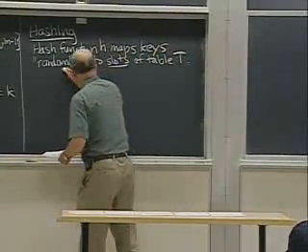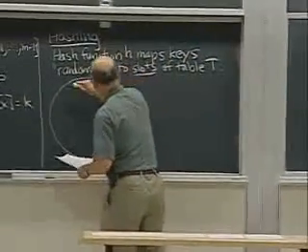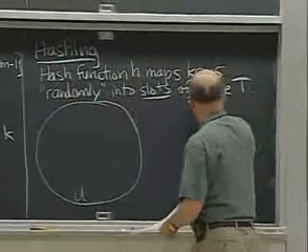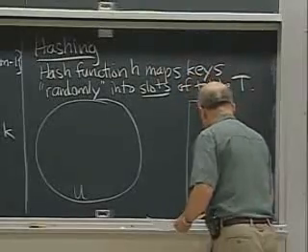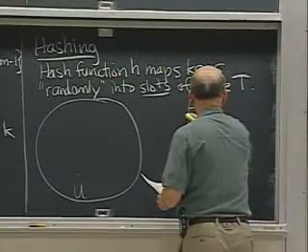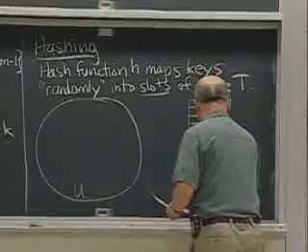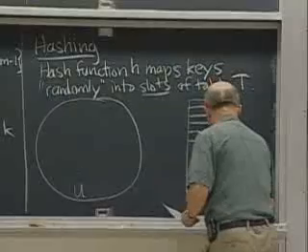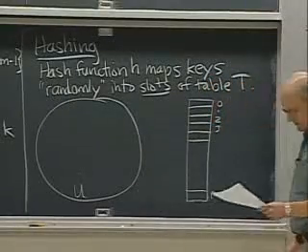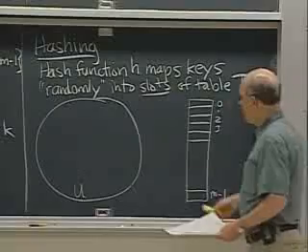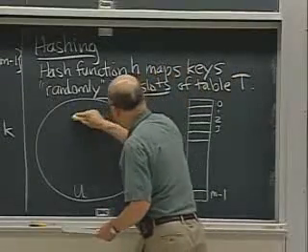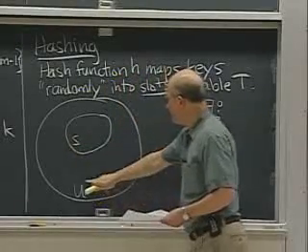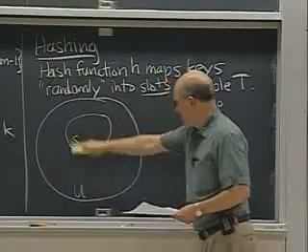And so we may have a big universe of keys. Let's call that U. And we have our table over here that we've set up that has M slots. Then we have a set that we're actually going to try to represent, S, which is presumably a very small piece of the universe.